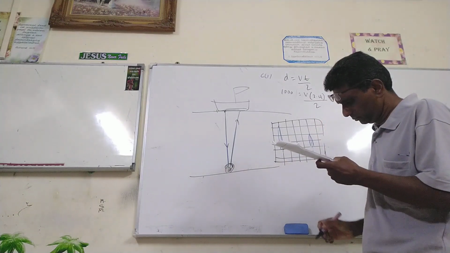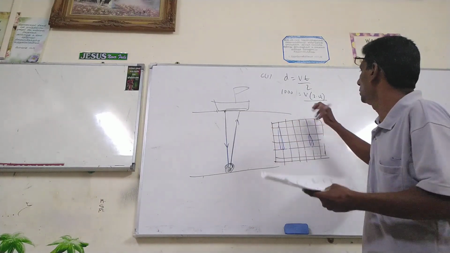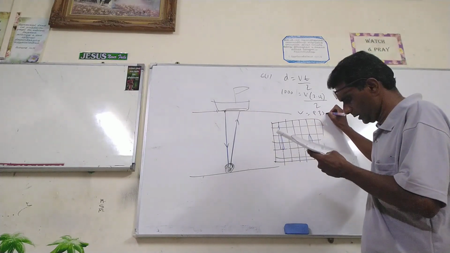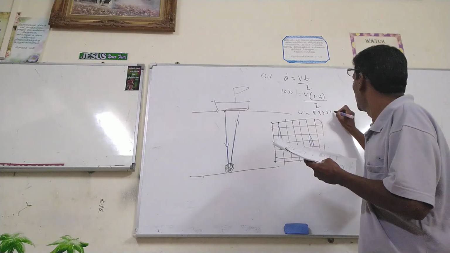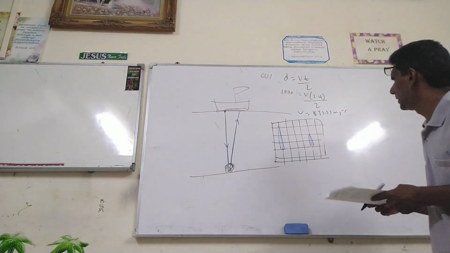You have the 2, so you cross multiply, then V equals 833.33 meters per second.